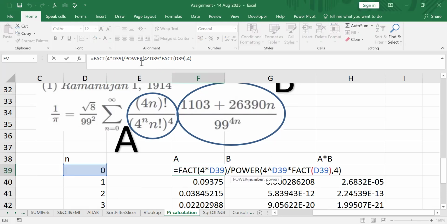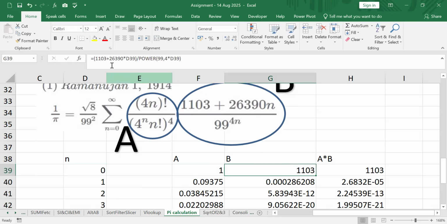B is here. This is B. 1103 plus 26390 into n. N is at D39. Divided by power 4n, power 4 into D39, of what? 99. Power syntax is power.